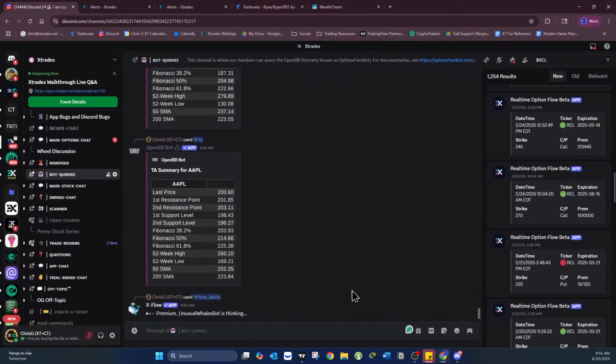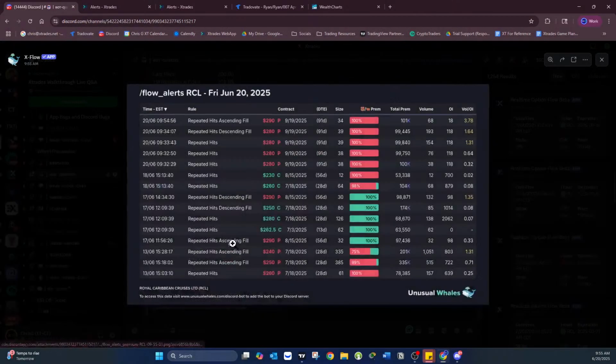Okay. See what we can find. So all of these were just at the open, so this was 15 minutes ago. We got 280 puts, 100K, 100K, 100K. Not too much open interest, so there's not that many people in these contracts.